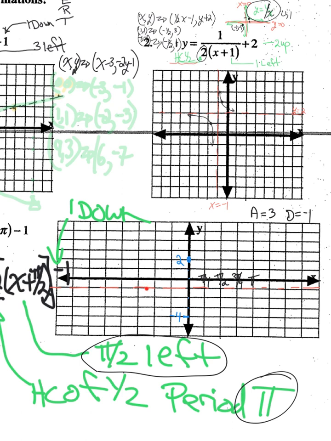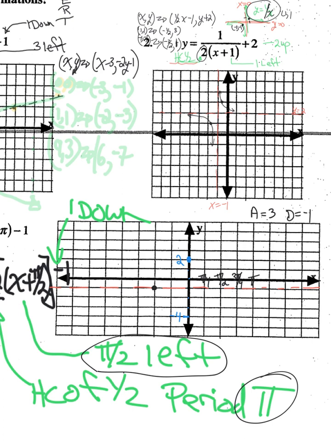A negative sine starts at the center and goes down to the bottom. So we're going to graph a negative sine. So it is starting at the center on the central axis, pi/2 to the left. It's starting here.